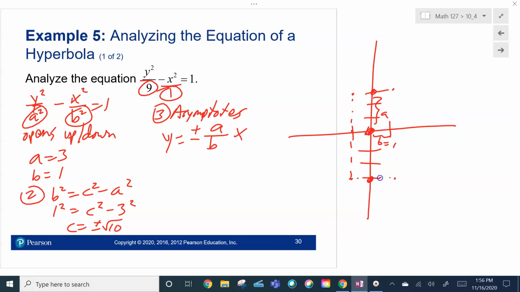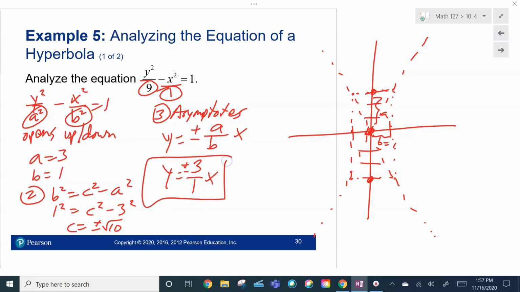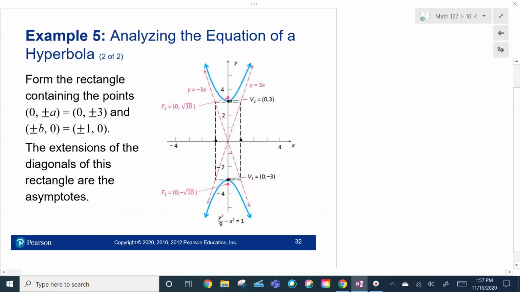I could draw an imaginary rectangle here. I know my asymptotes go through the diagonals as well as the center. So y equals up 3 over 1 x, plus or minus. So plus or minus 3x are my asymptotes. And of course I could draw the rest of that. C is root 10, so I have 0, root 10 and so on. And there are our foci, 0, root 10, 0, negative root 10, and so on.